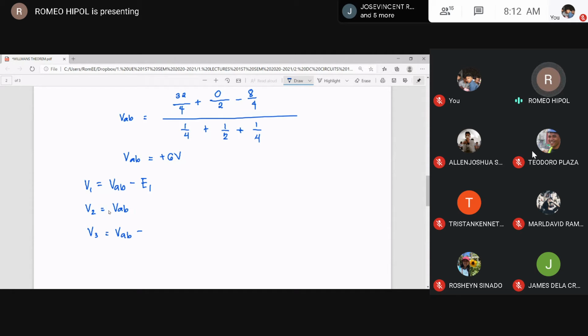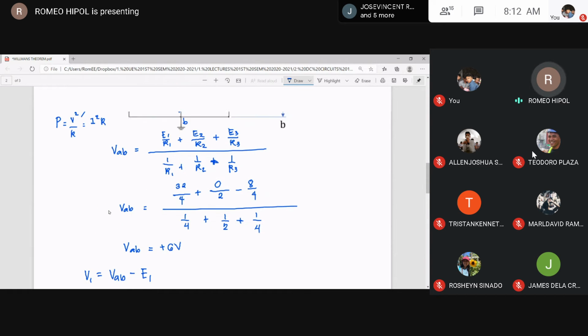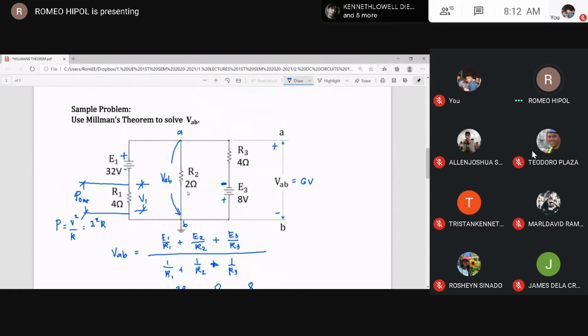So VAB minus, in this case, if you notice, the direction is opposite, right? For E sub 3, if you are going to apply KVL, get the positive polarity and the negative polarity. Or we can just jump.